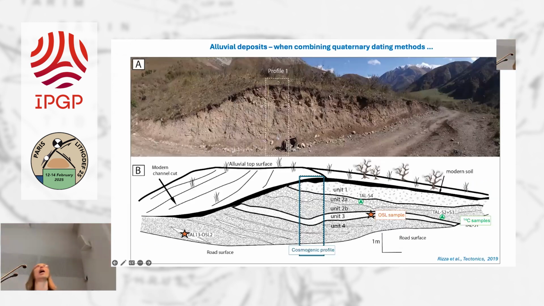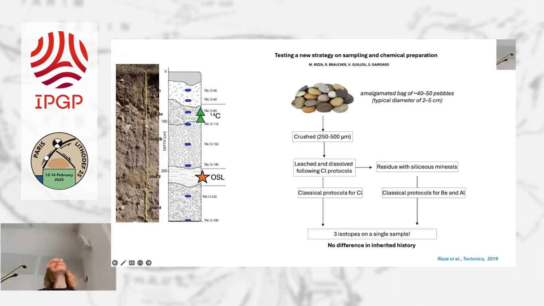I went along the Talas-Fergana fault and I found a good site. Here I decided to use a cosmogenic profile, but also radiocarbon dating and OSL. So I put all the possible dating. I know that some people will say, don't do that, it's too dangerous, but I did it. I also made a new strategy for the sampling and for the chemical preparation.